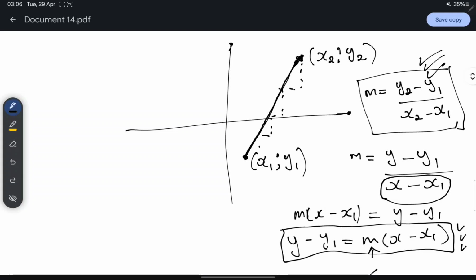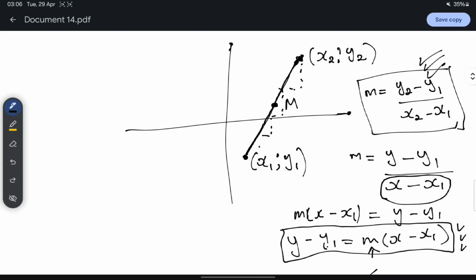So what if I am having a midpoint here? How can I find the coordinate of m? M is between these two points.